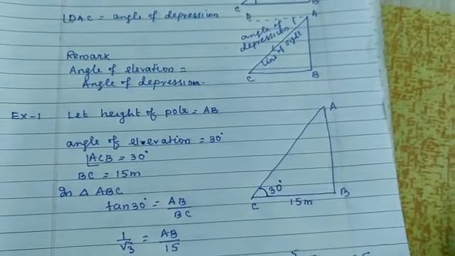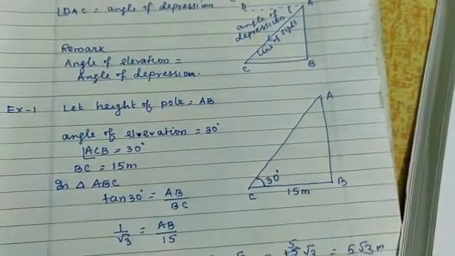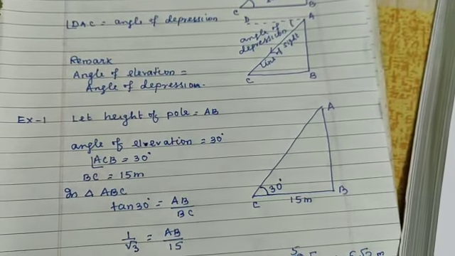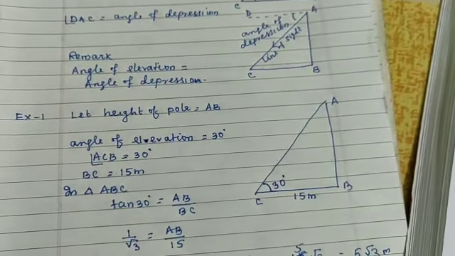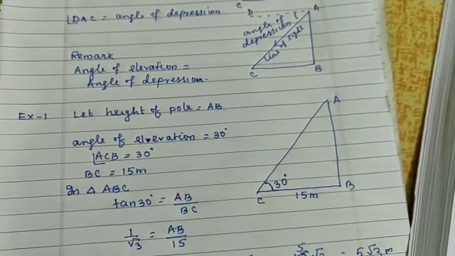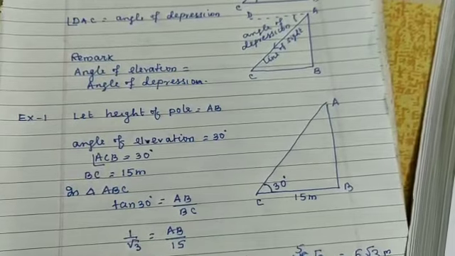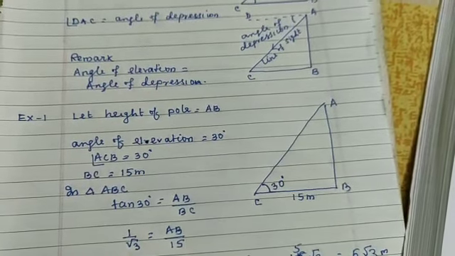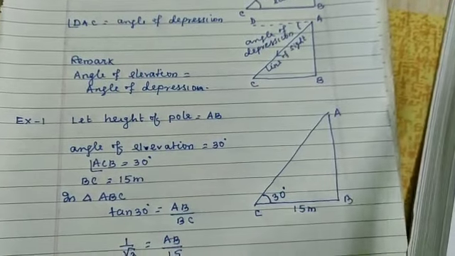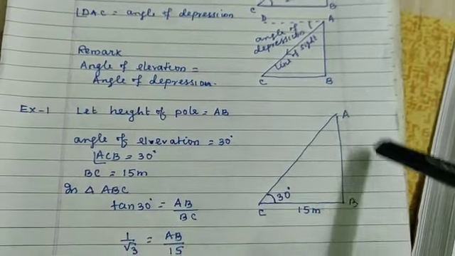In our textbook, the first problem is: the angle of elevation of the top of a pole from a point on the level of the ground and 15 meters away from the pole is 30 degrees. Find the height of the pole. So here AB is a pole.